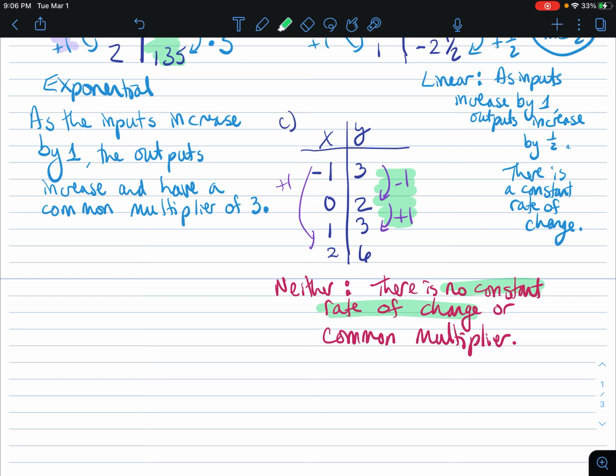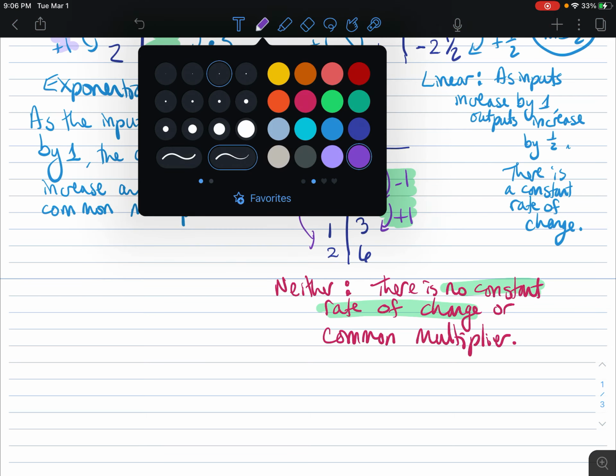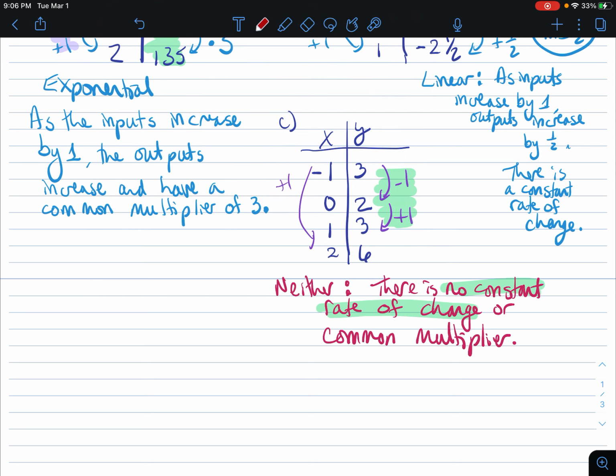And you can use color when you're doing this, and you can highlight things. So if you need tools, you let me know. And then let's pick another color. I'm just gonna pick a red. So what I did is I said, we can multiply by 2/3, but this is not gonna hold true.